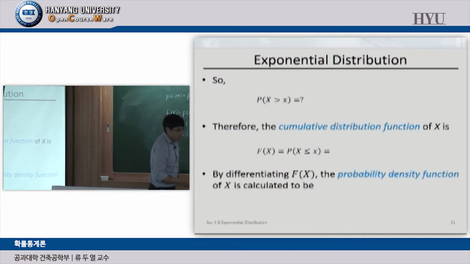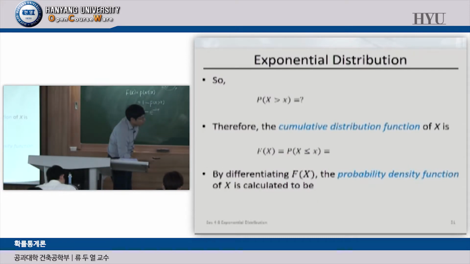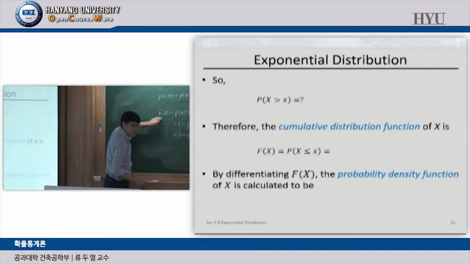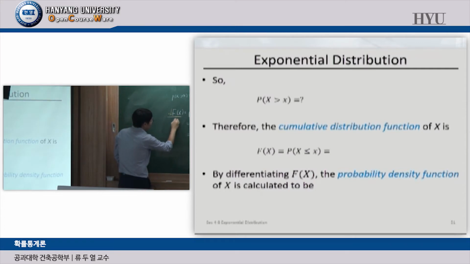By differentiating the cumulative distribution function, we can obtain the probability density function of X, right? So if we differentiate the cumulative distribution function by x, it will be minus lambda times e to the minus lambda x, with the sign flipped, right?